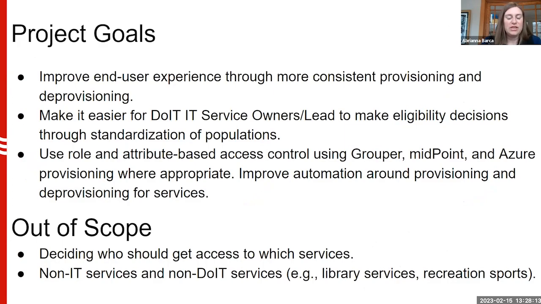So today, service eligibility is done in a very decentralized manner, meaning that each Do-It service owner is basically making independent decisions on who should be eligible to use their service. As you might imagine, there are a number of challenges in managing service eligibility in this way. There are a lot of inconsistencies in eligibility, especially for members of affiliated organizations like emeritus faculty or consultants, among others.